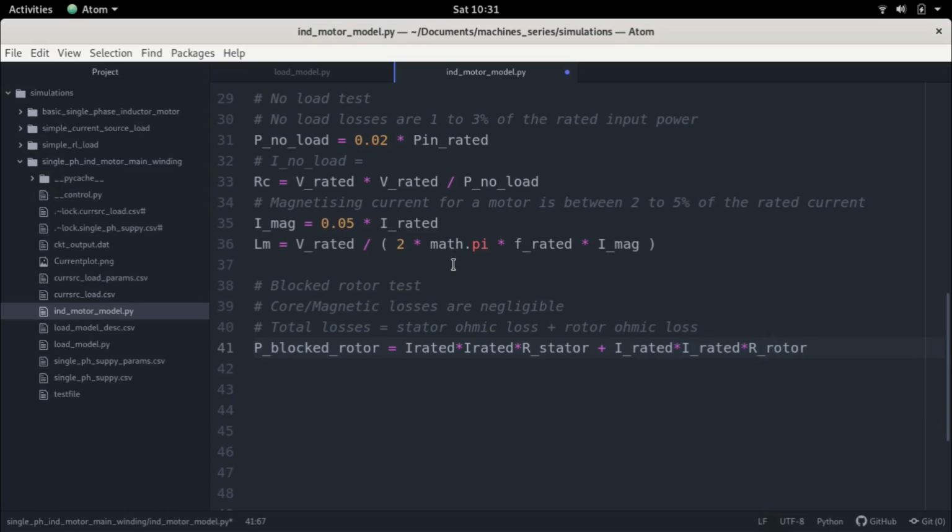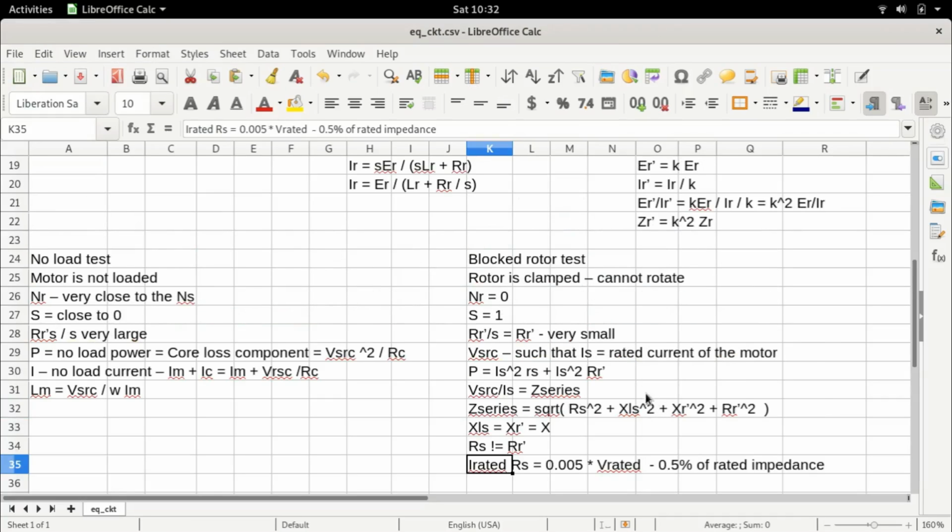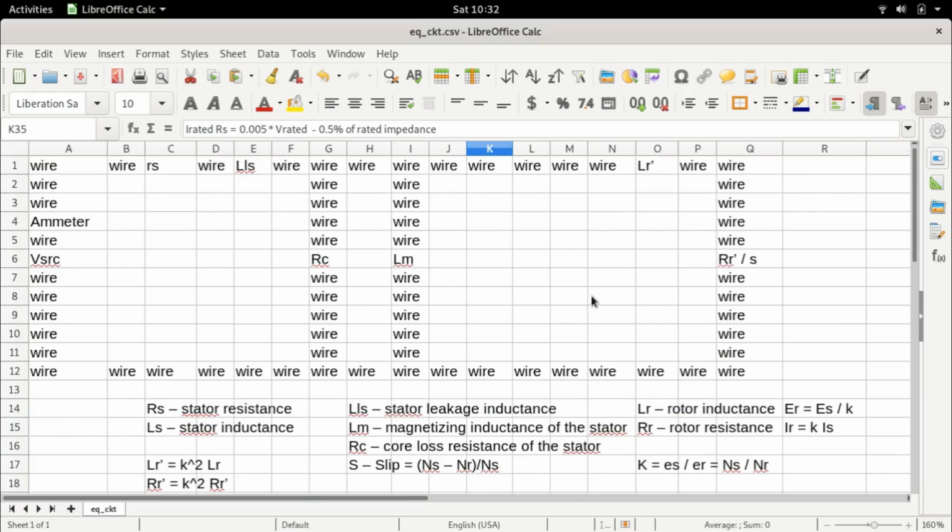Now here we need to make a difference that in the actual calculation, everything is referred to the stator. This entire equivalent circuit is referred to the stator, right?